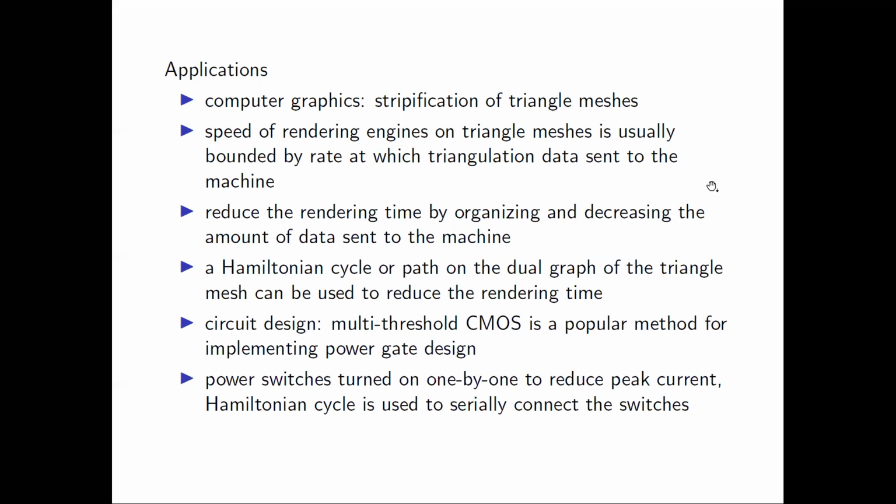The goal of that is just to reduce the peak current. So in order to find the best way to turn them on one by one, you look for a Hamiltonian cycle or a path in the graph representing the circuit, and you use that to determine the order to switch the power switches one by one. So these are two real-world applications of Hamiltonian cycles.